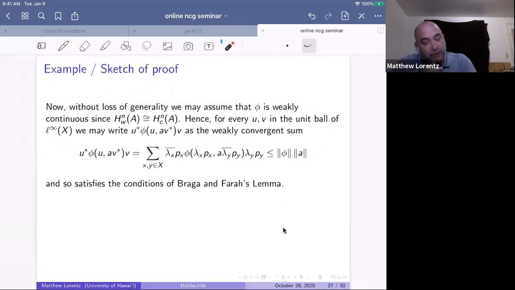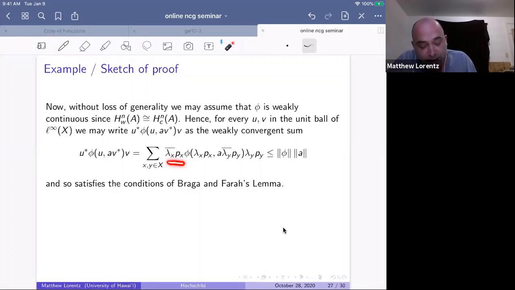So without loss of generality, we're going to assume that phi is weakly continuous from the black box from before. And if we have u and v in the unit ball of L infinity of X, or specifically in the unitary group, we can write u star phi of u a v star v as a weakly convergent sum, just summing up these, and we would be adding these one at a time again because of the separate continuity.